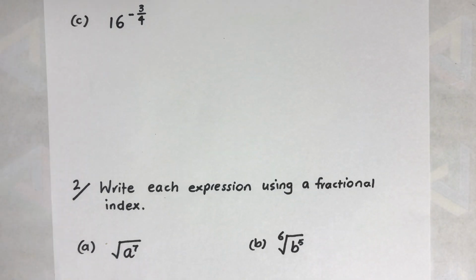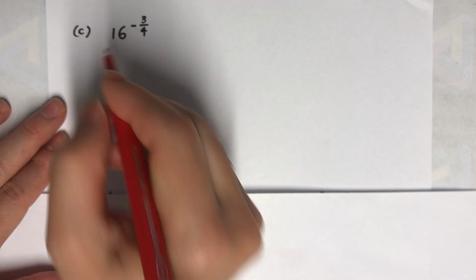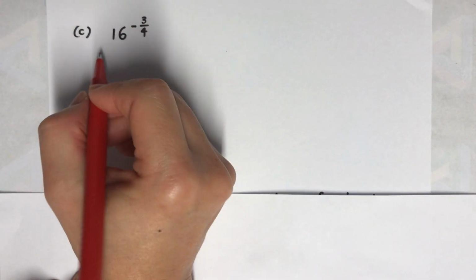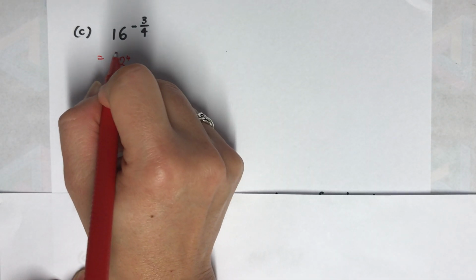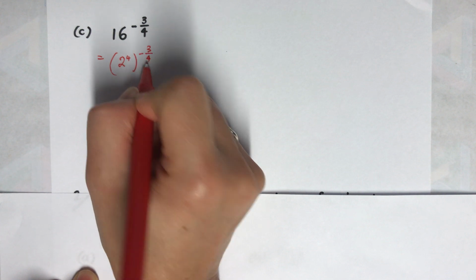Next one, C. Now, what do we do here? Again, I'm going to change this one. 16 is 2 to the power of 4. Now, I know you might think 16 is 4 to the power of 2.